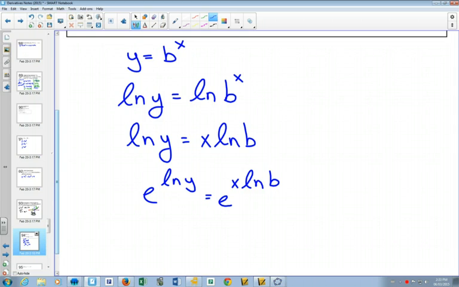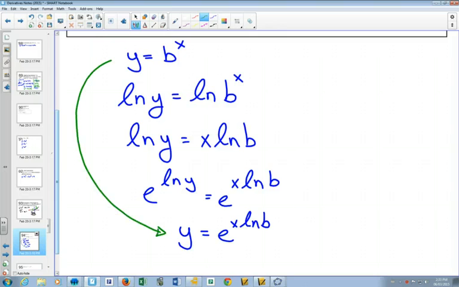They're going to cancel out. So that rewrites the equation that I started with. I had started with y equals b to the x, and now I've rearranged it to say that b to the x is the same as e to the x natural log of b.